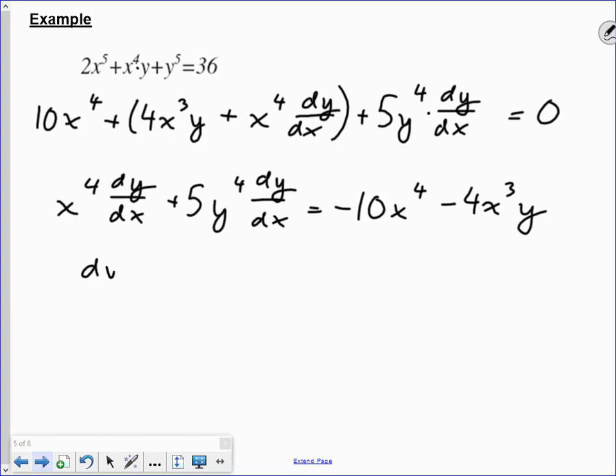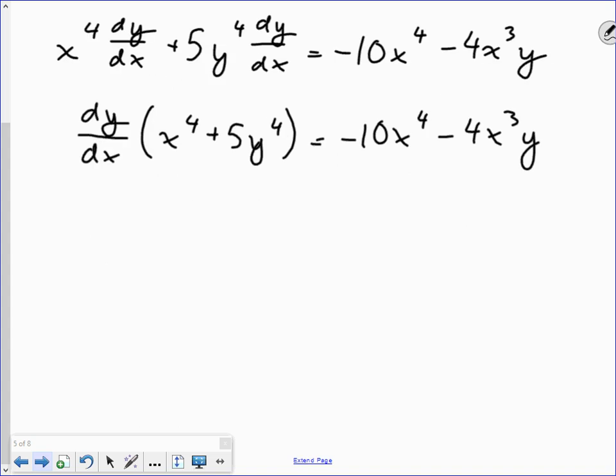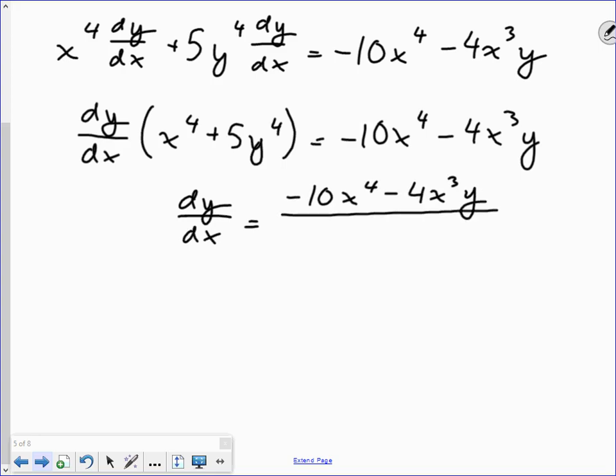I'm going to factor out the dy dx, keeping everything else the same. And then I'm going to divide both sides by that expression in brackets to isolate for dy dx. So I'll have negative 10x to the power of 4 minus 4x cubed y divided by x to the power of 4 plus 5y to the power of 4. And that would be the expression for my derivative.